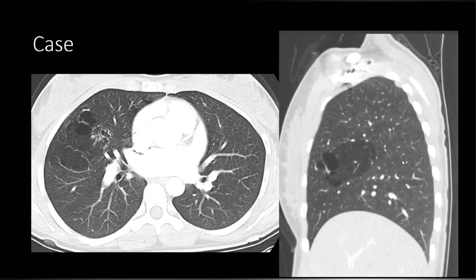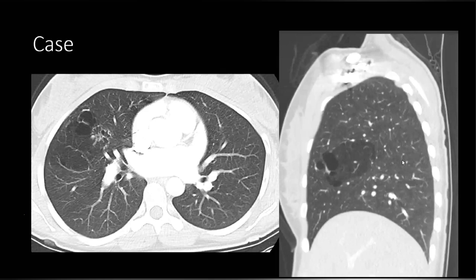Any differential, sir, that comes to your mind? Congenital... CCAM. Yes, one good differential. Next. Now I'm just trying to make a differential out of you, right?